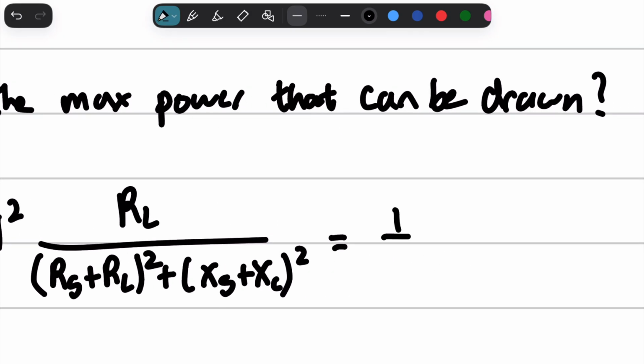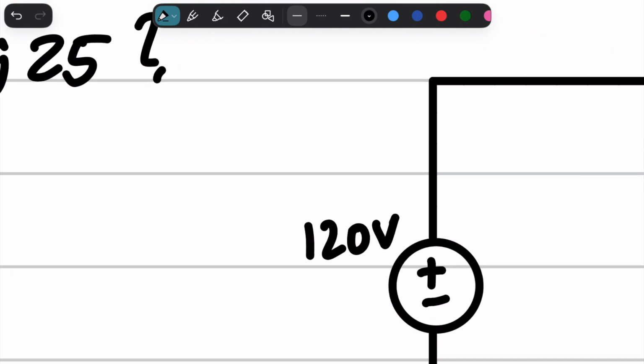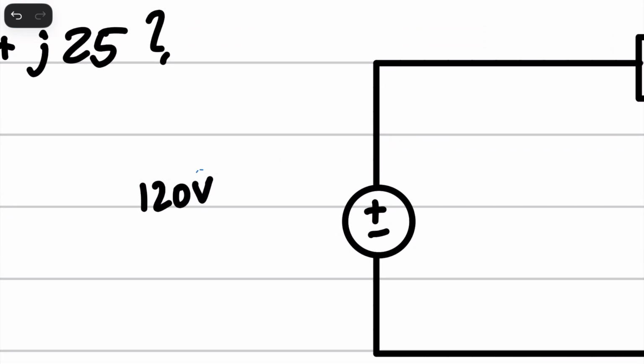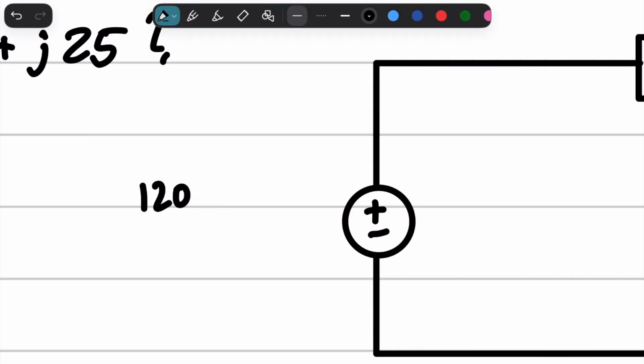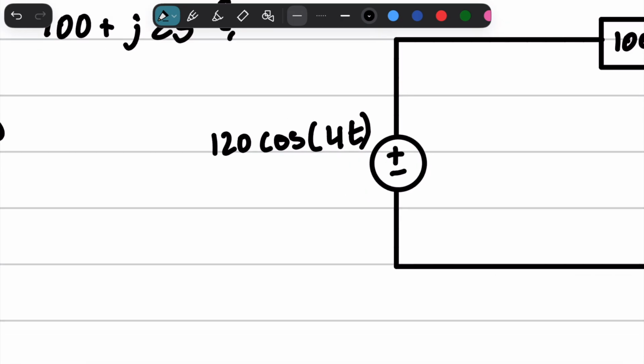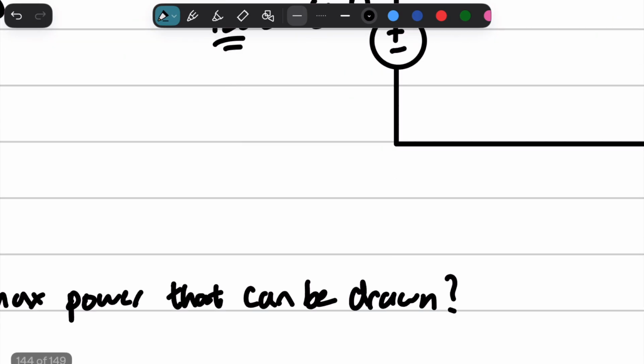That is equal to 1/2, and our voltage right here, this is actually wrong. This is supposed to be an AC power source that looks like this. And so our VM is 120.